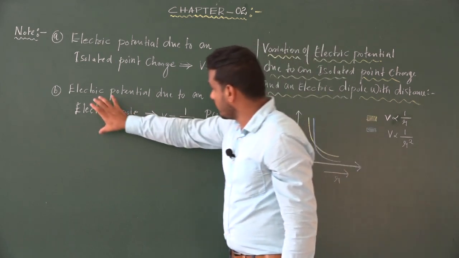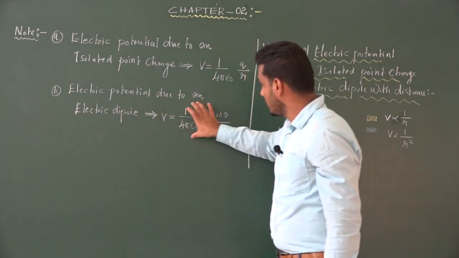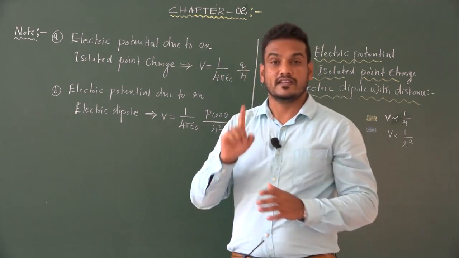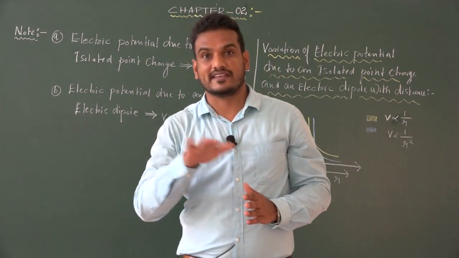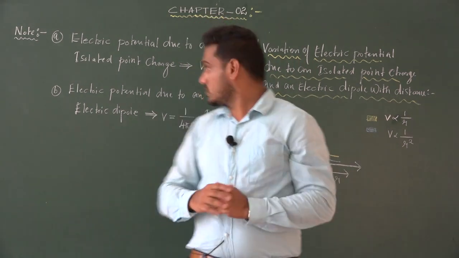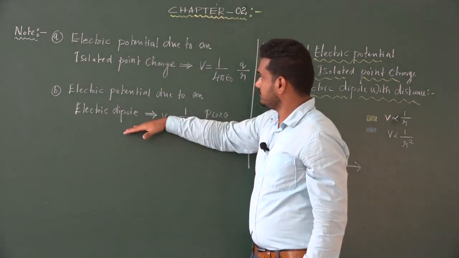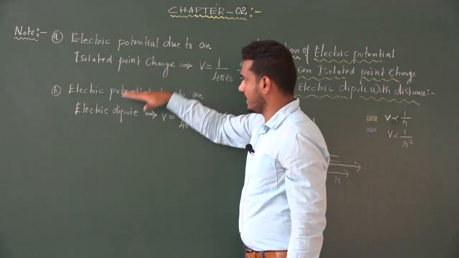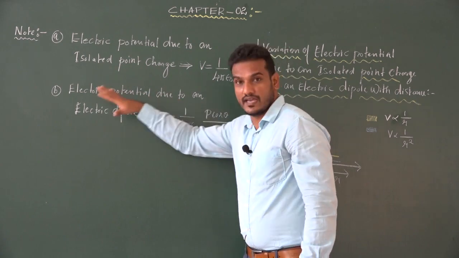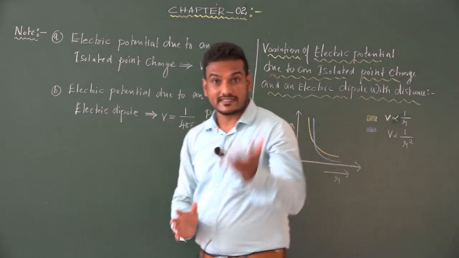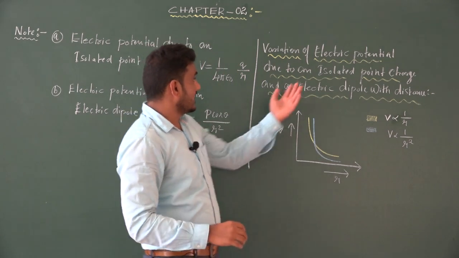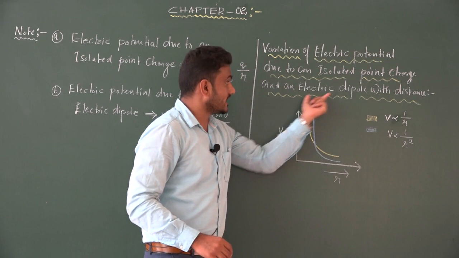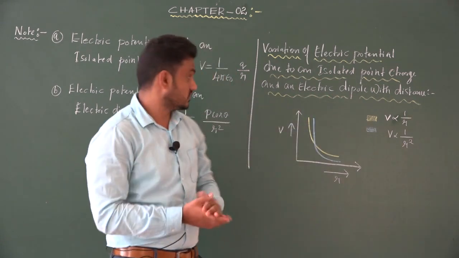So in case of an electric dipole, it not only depends on the distance, it also depends on the angle between the position vector and the axis of the dipole. So this is the difference. Let us see the variation of electric potential due to an isolated point charge and an electric dipole with distance through the graph.